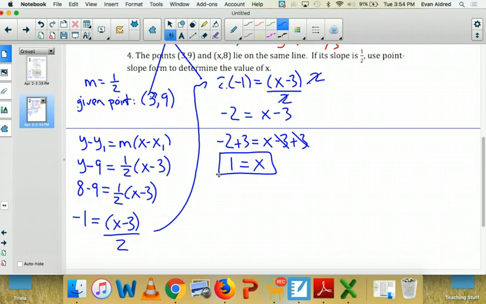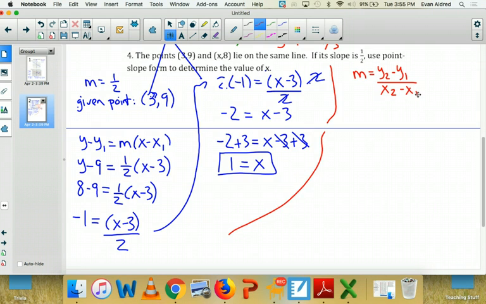Okay? So we can use point-slope form to figure that out. Now, it asks us in the question to use point-slope form, but there is another way we could do this question, where if it didn't ask you to use point-slope form, you could solve it maybe even a little bit easier. We could use our formula for slope. We know slope is m equals (y2 minus y1) over (x2 minus x1).